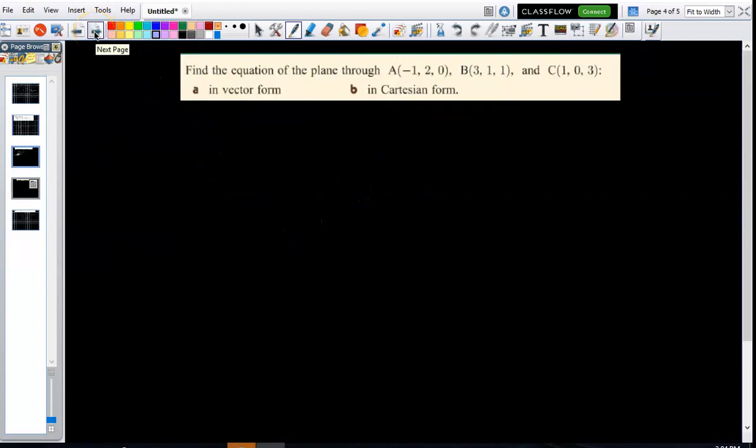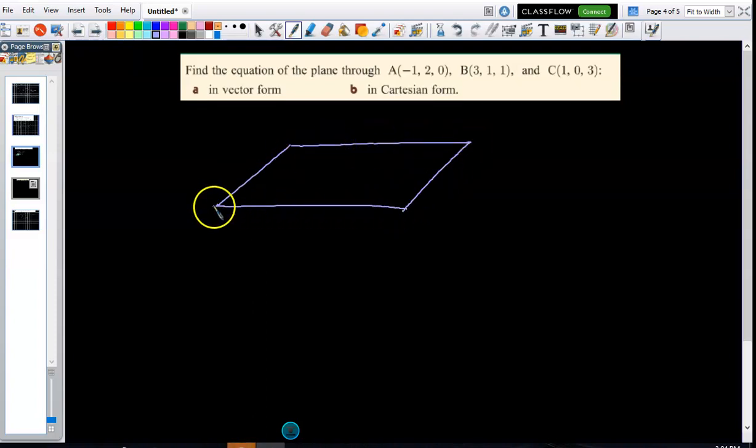All right, next one. Find the equation of the plane that contains these. Are we doing this one? You're doing it by yourself if you want to, but basically we've got a plane again, and we've got points A, B, and C, and they're all on the plane. This is what we talked about before.